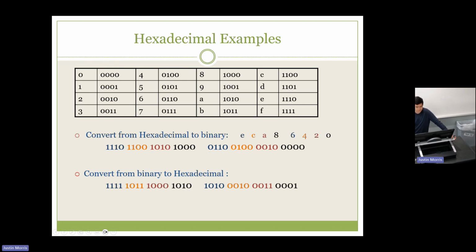And this is 3. This is 1. Right. So we see how this works. Okay. So you're going to be doing this quite a lot if you're working with the MIPS instructions, converting them, things like that.